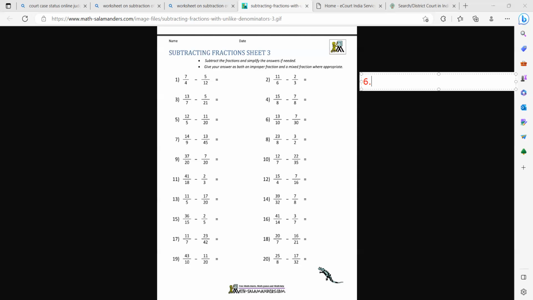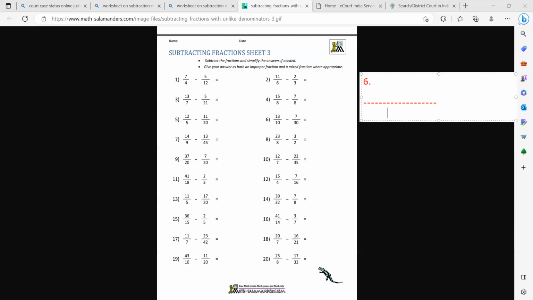Number 6, what is the LCM? First we need to calculate the LCM. It will be 30. So we have 10 into 3 as 30. And both the numerator and the denominator will be multiplied by the same number. So 13 into 3 minus we have here 30 into 1 is 30.